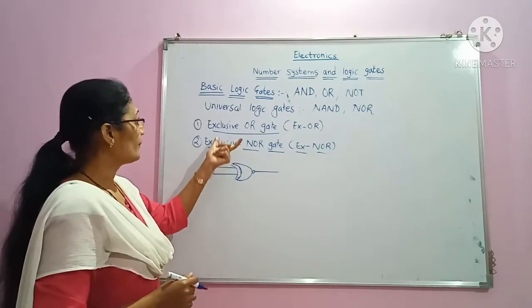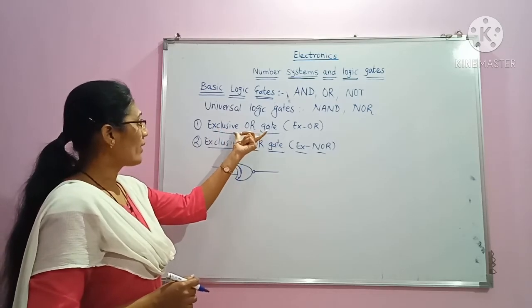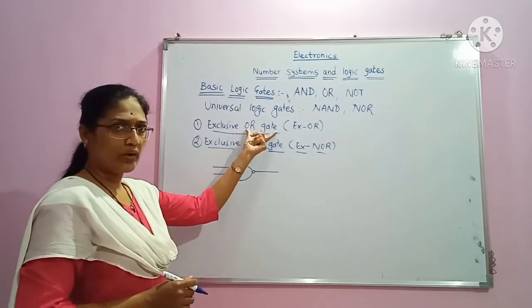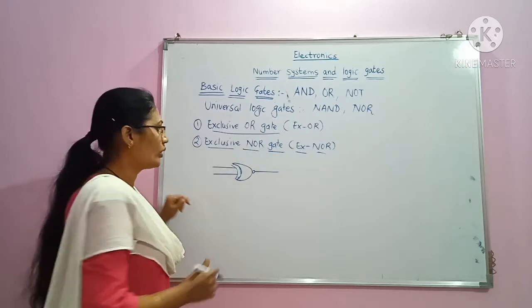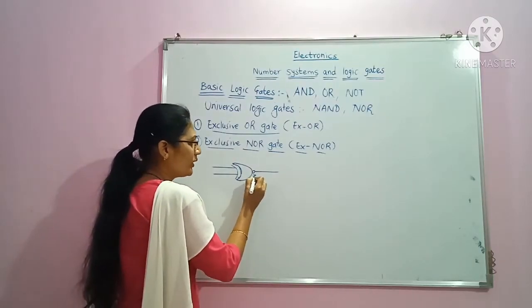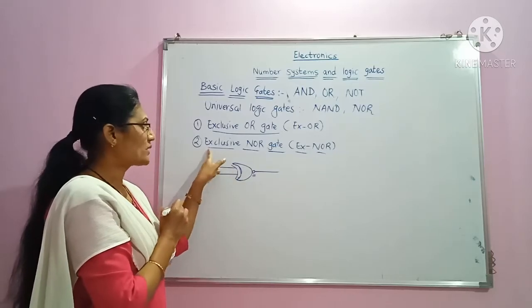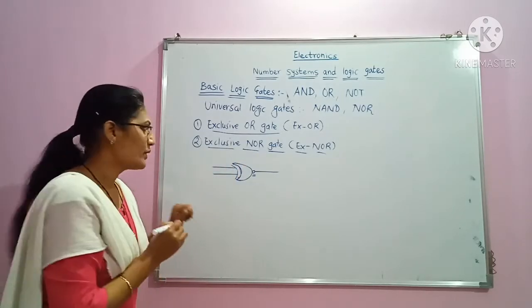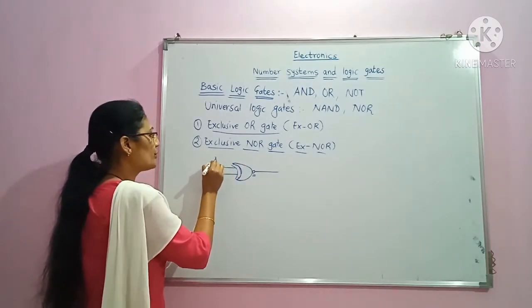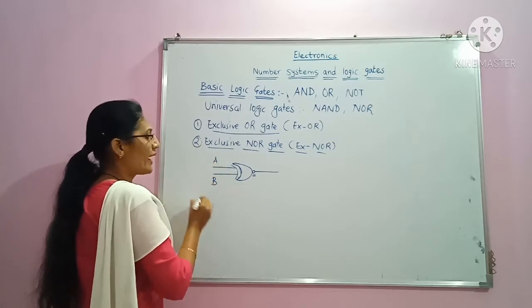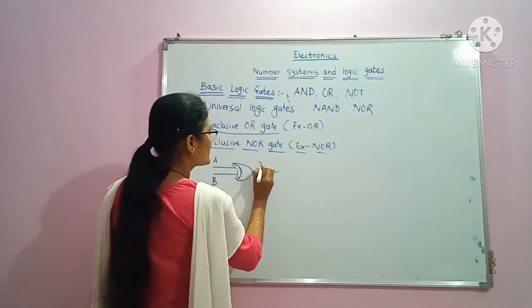So the symbol that we have used for exclusive OR gate, to that symbol we have added only a hollow circle here to represent an exclusive NOR operation.